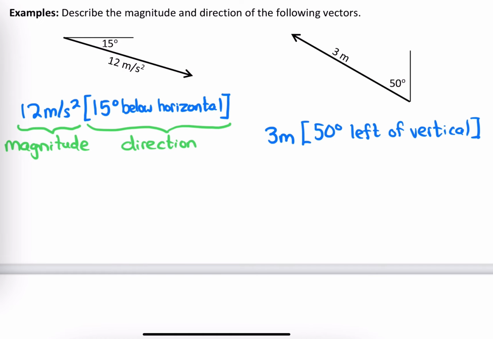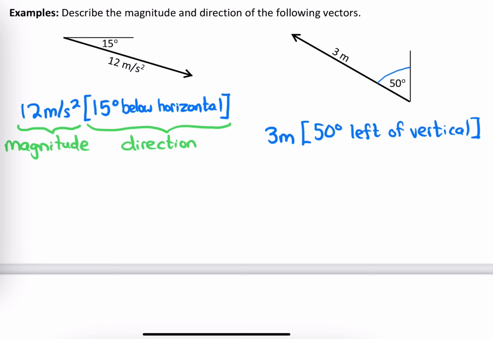Now there's another way we could say this, and this other way might be actually a little bit more common. It's sort of common practice, not really to compare vectors to vertical lines, like it's been done in this diagram, but to compare them to horizontal lines. That's the way things are normally done.